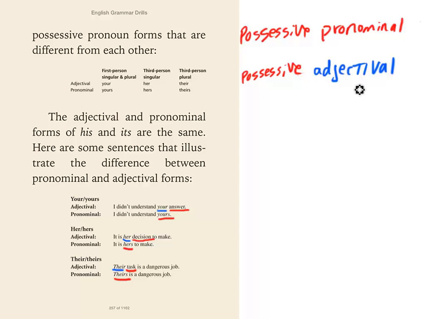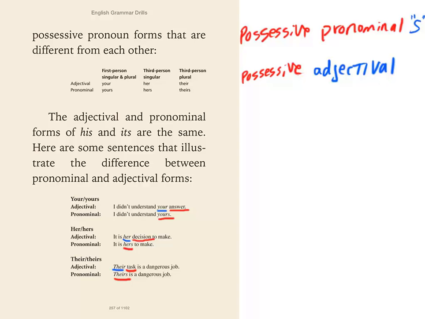The adjectival possessive needs the noun afterwards, okay? And the pronominal does not. And it's easy to remember because the pronominal ends in an S. All right, so that's one way to look at it.